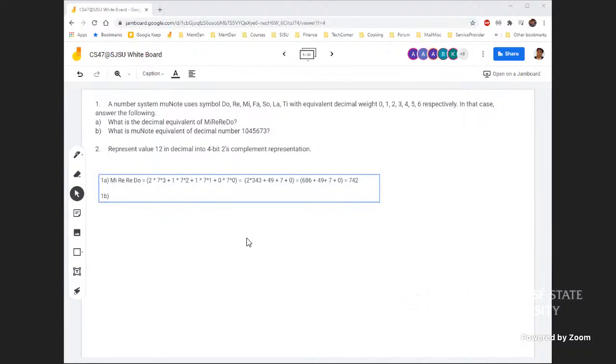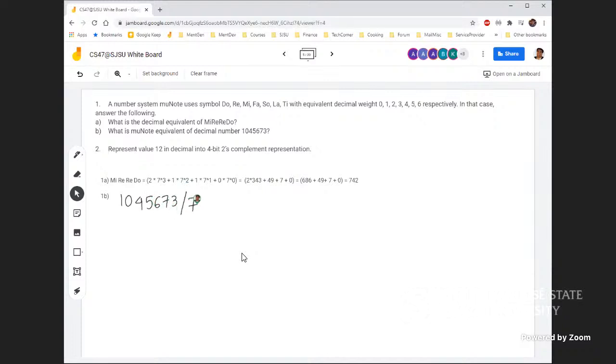The number given is 1045673, base 7, because it has 7 symbols, the number base is 7.